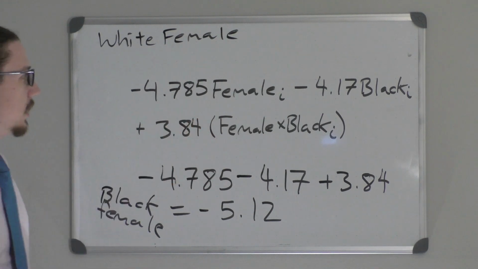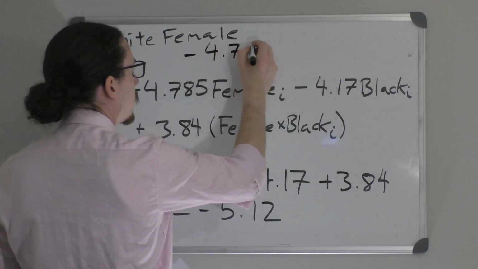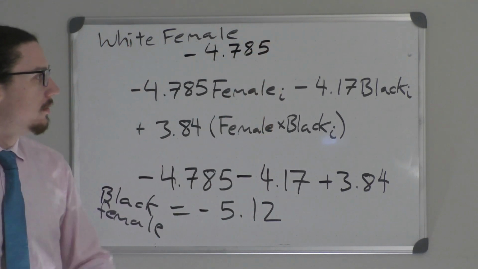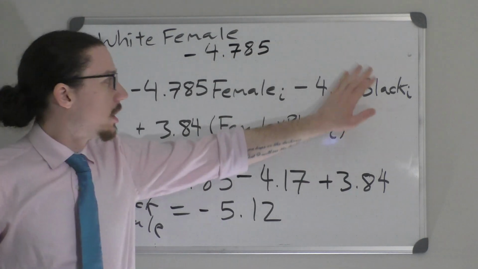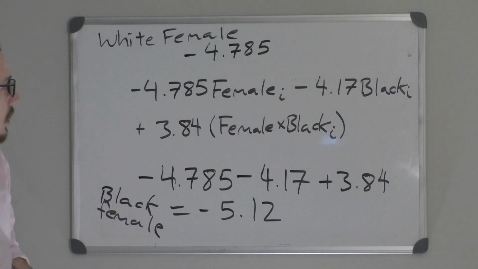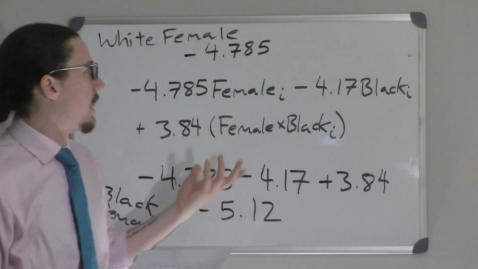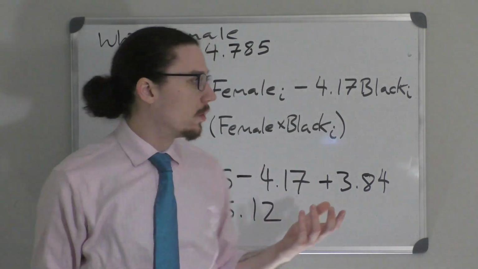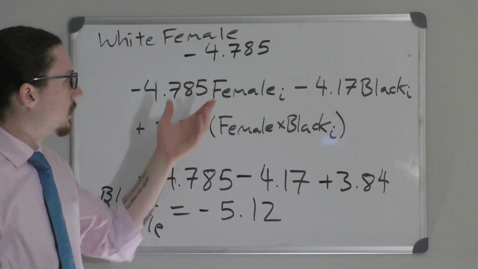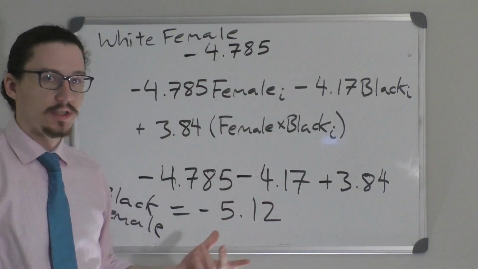For a white female, we would do much the same kind of calculation. We're going to check this box, so negative 4.785. We're not going to check this box, so that doesn't get included, and we're not going to hit this one, so that's not going to get included. So for white females, the effect is just negative 4.785.